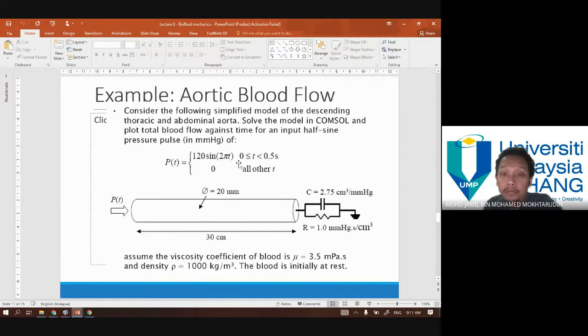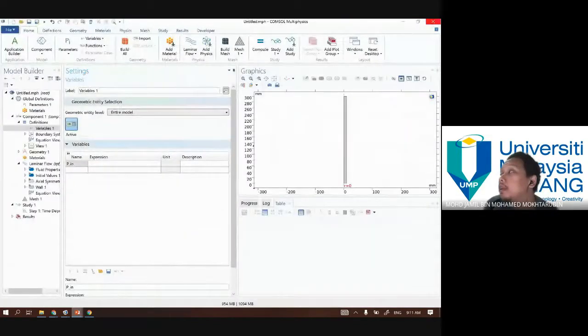We can use if else to define this and write if else in the console. To write if else, you simply write if. So if t less than 0.5, then the pressure P inlet will equal P max times sine of 2 times pi times t.